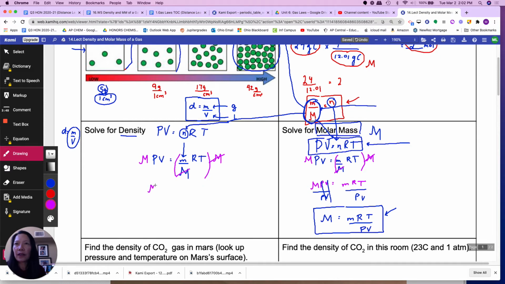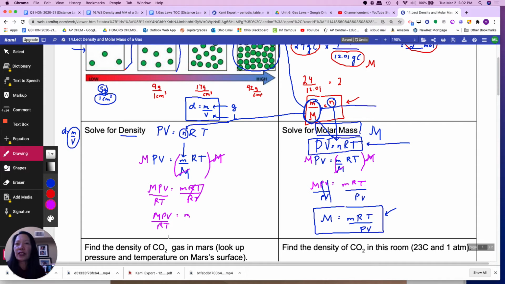So I have MPV is equal to mRT. Remembering that I want m on one side, so I'm going to divide by what? Right, RT. Okay, so what I have now is m is equal to MPV over RT.